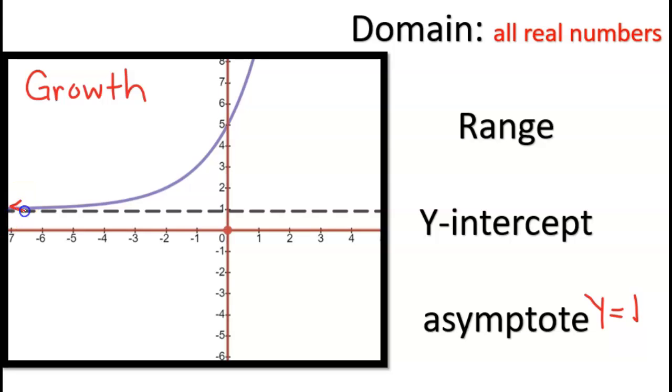All of the purple graph is above that asymptote. Above means greater than. Y is greater than the asymptote at 1. Is it pretty easy to find the y-intercept?